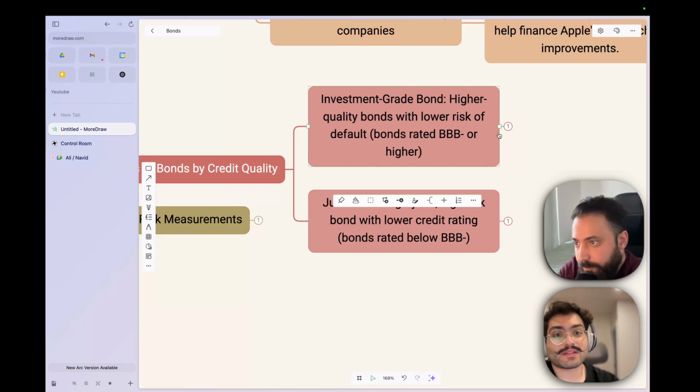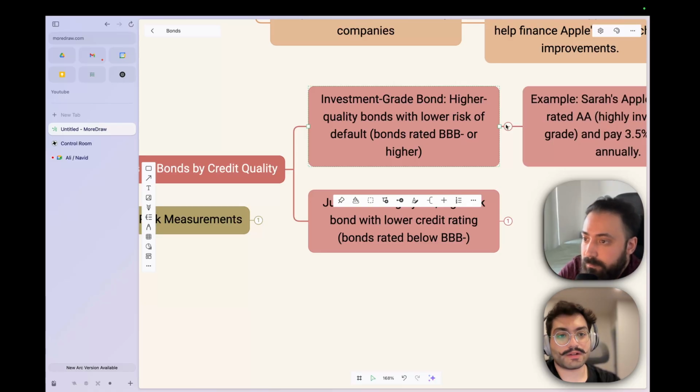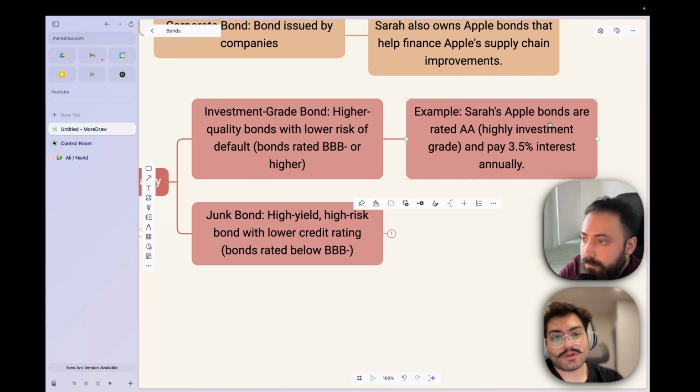One is investment grade bonds. These are high quality bonds because they have lower risk. Usually they are bonds rated BBB minus or higher. For example, Apple bonds are rated AA and pay about 3.5% annually. So this is an investment grade.